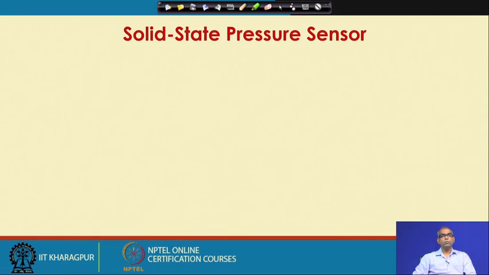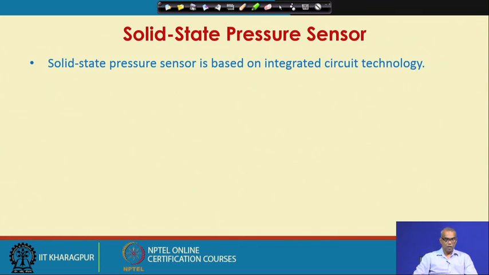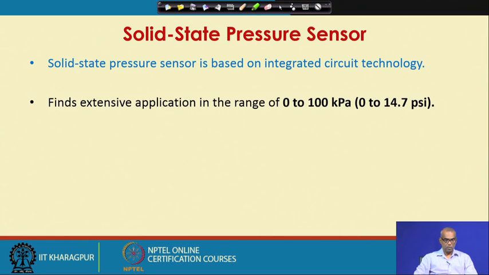Next, let us talk about a solid state pressure sensor. Solid state pressure sensor is based on integrated circuit technology. Finds extensive application in the range of 0 to 100 kilopascal.